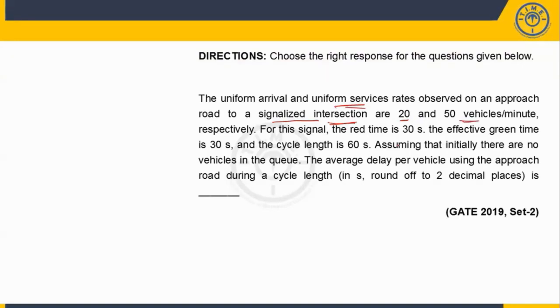For this signal, the red time is 30 seconds. Effective green time is 30 seconds. Cycle length is 30 seconds. Assuming initially there are no vehicles in queue, the average delay per vehicle using the approach road during the cycle length in seconds is.